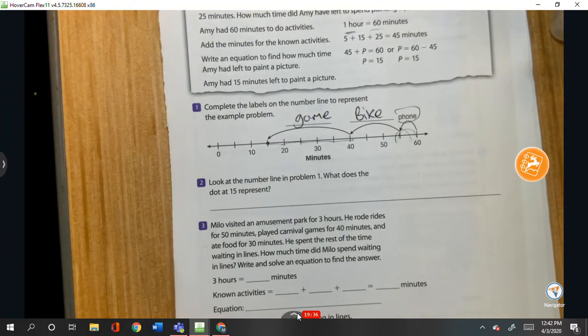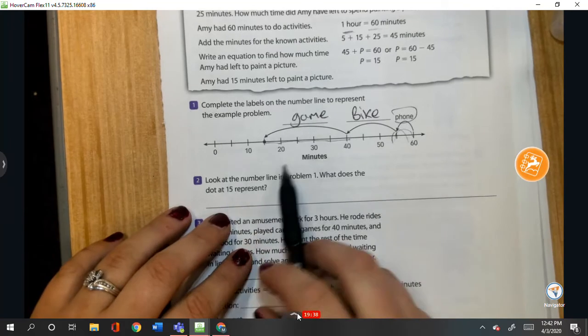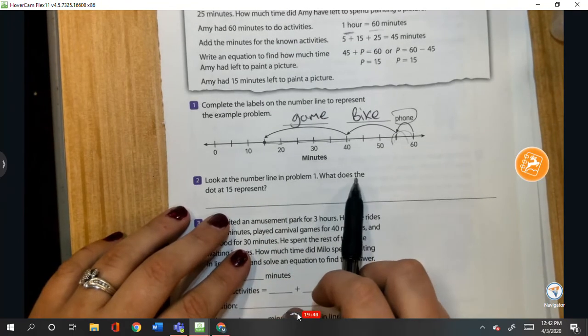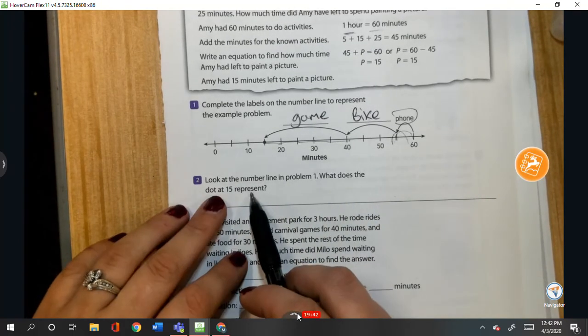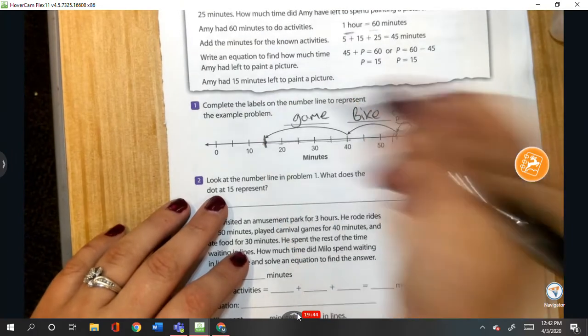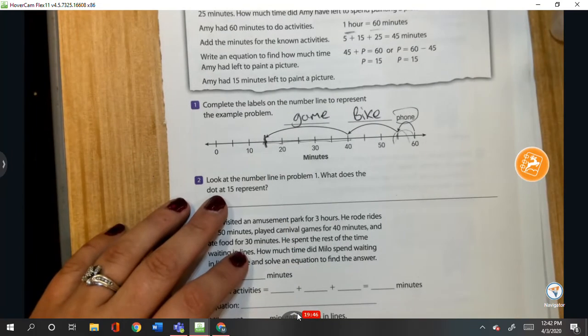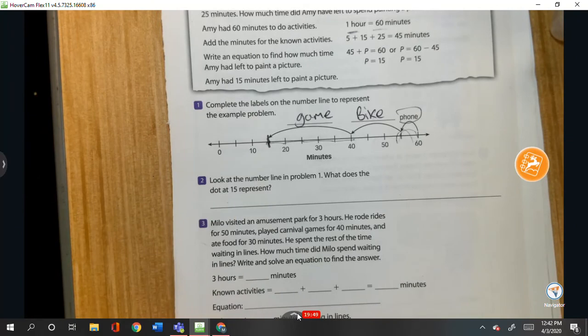There we go. Alright. It says, look at the number line in problem 1. What does the dot at 15 represent? What would that represent? Think about it for a second.